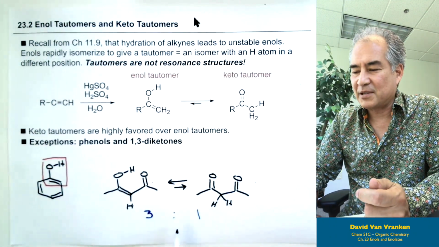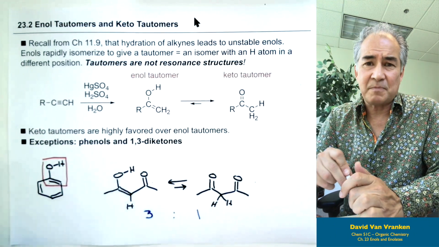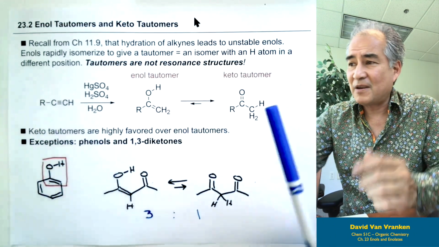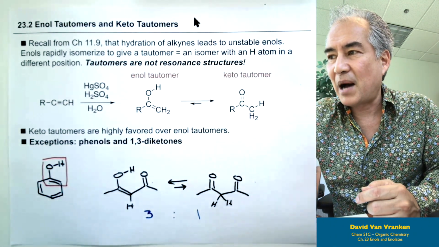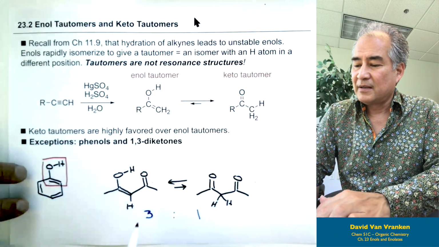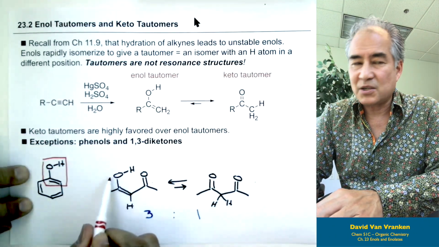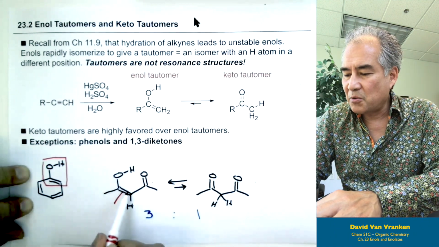You'll almost instantly establish equilibrium. So why is the enol tautomer so stable? This is a special case. Like for acetone, you have very little enol present in a bottle of acetone. Well, the reason that the enol tautomer is so favored is first that there's resonance stabilization. We have resonance here where this lone pair is donating.